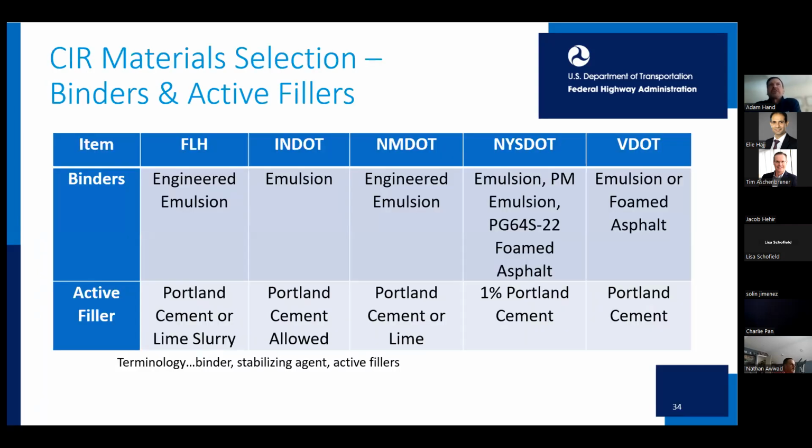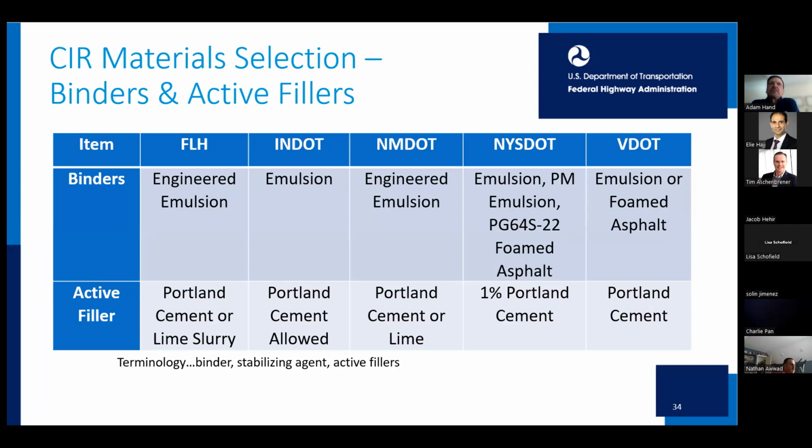We look at material selection for binders and active fillers. We saw a combination of things, right? We saw some agencies using emulsion and foam, right? Foaming was typically with PG 64-22s, and then we saw emulsions and engineered emulsions.